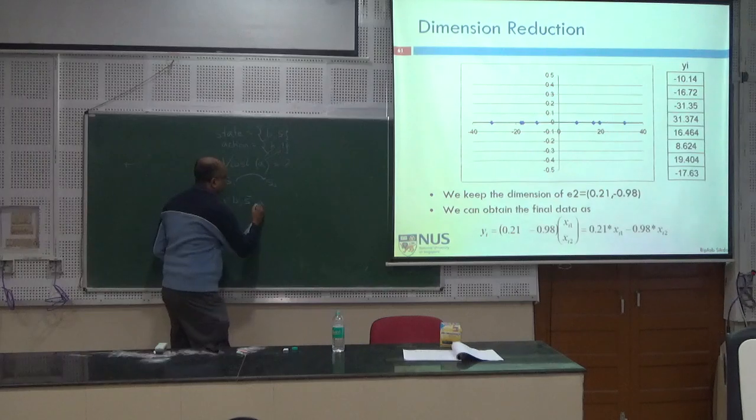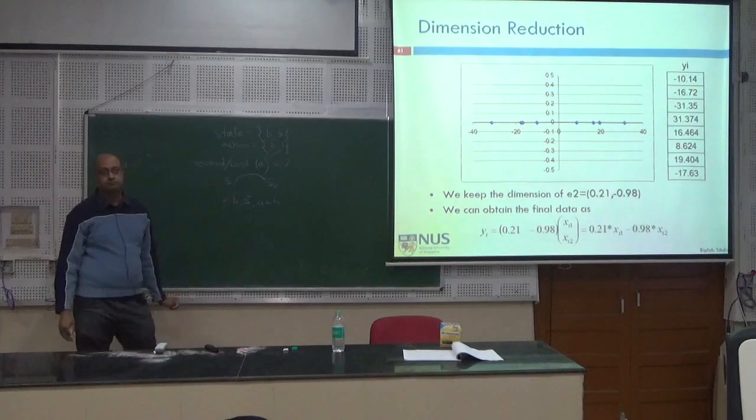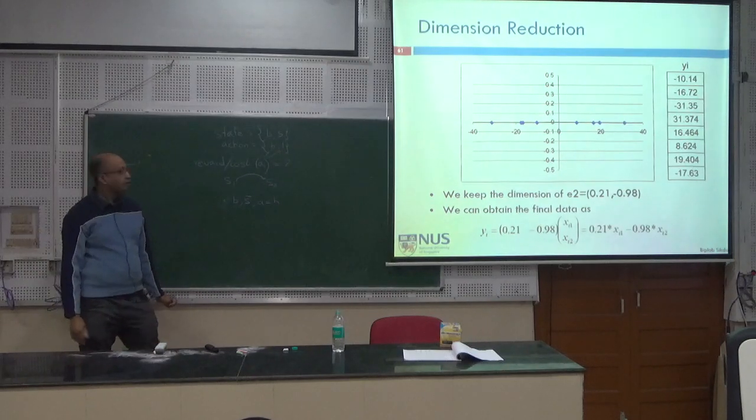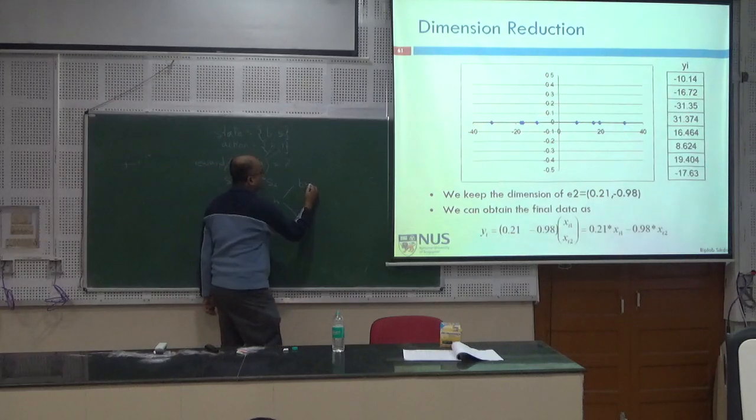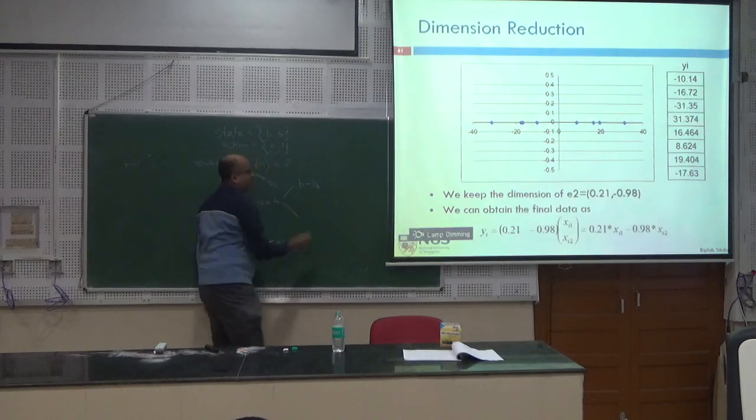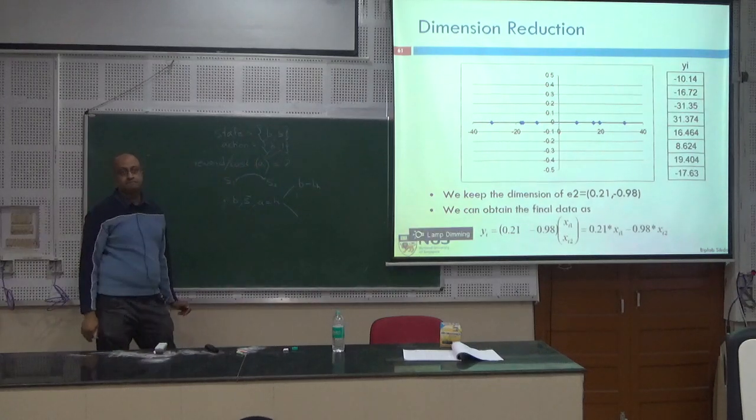And the action equals, let's say, high. So what will my next state be? The battery will be B minus something. If you transmit at high power, you lose this.